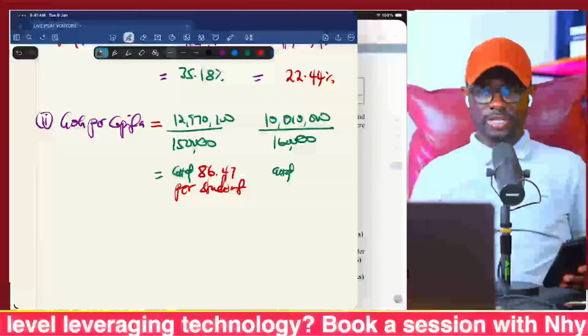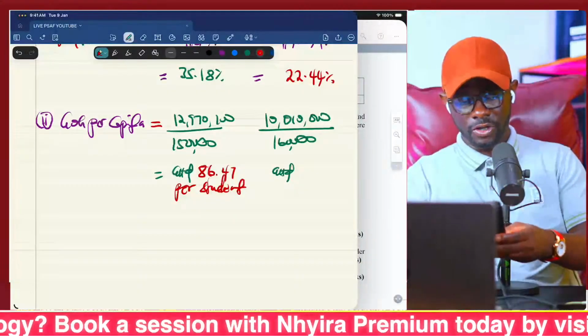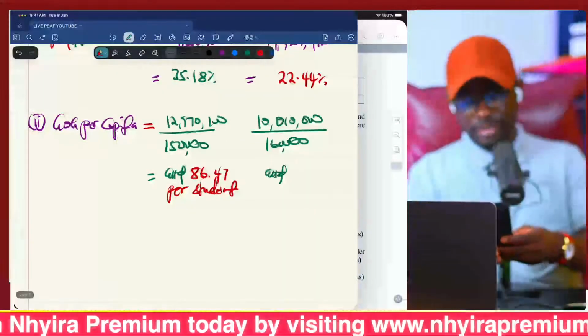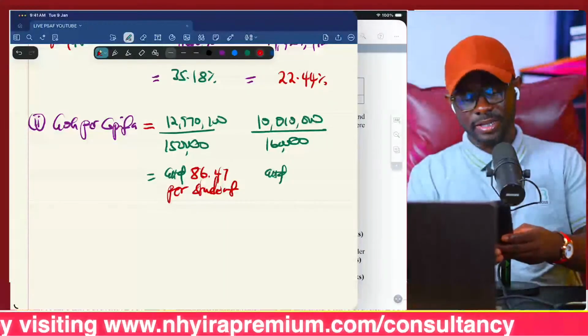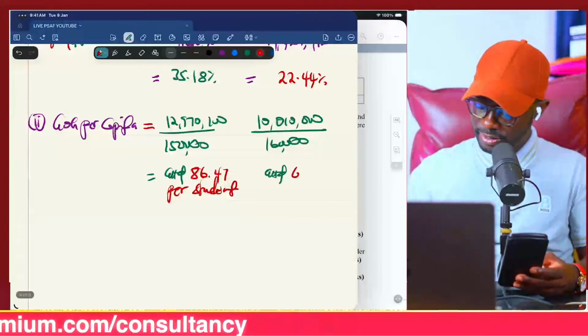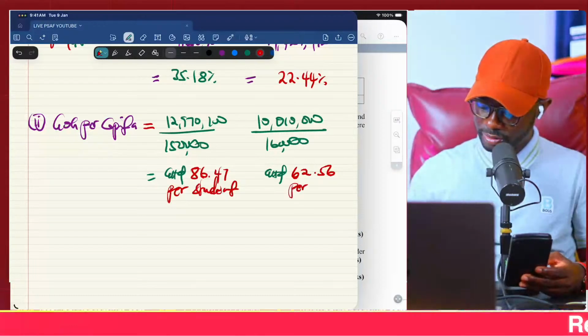It's a school, so we can say per person or per student. Then the second one for Bolgatanga, 10,010,000 divided by 160,000. And that is 62 Ghana cedis, 56 pesewas per student.